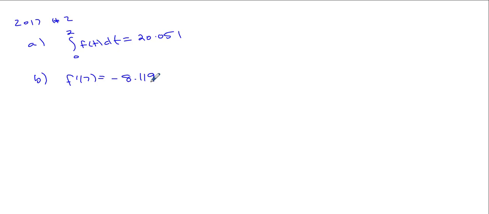You have to say decreasing by 8, or I should say decrease. Since we said decreasing, we don't have to say negative. It's decreasing by 8.119 pounds per hour, or pounds per hour squared.